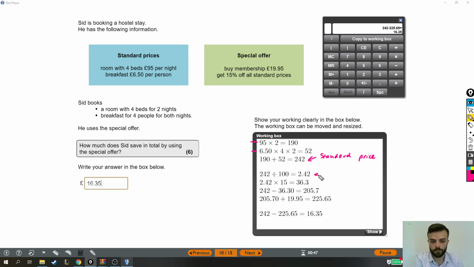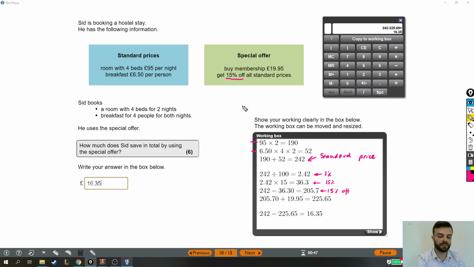We then start dealing with the 15% off part of the special offer. We divide by 100 to get 1%. We then times that by 15 to get 15%. And because it says 15% off, we then take 15%, or £36.30, off the original price. So this is the cost at 15% off.